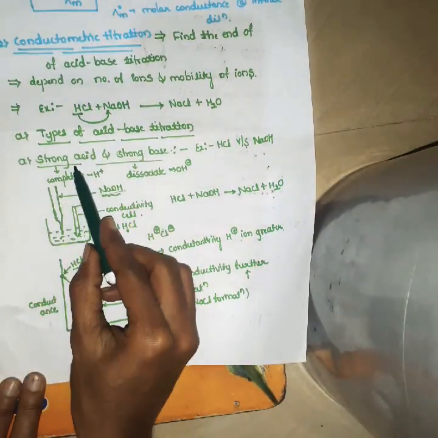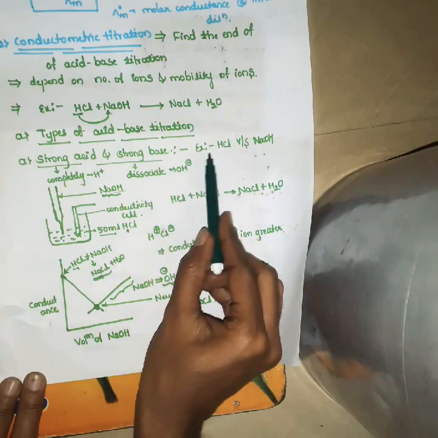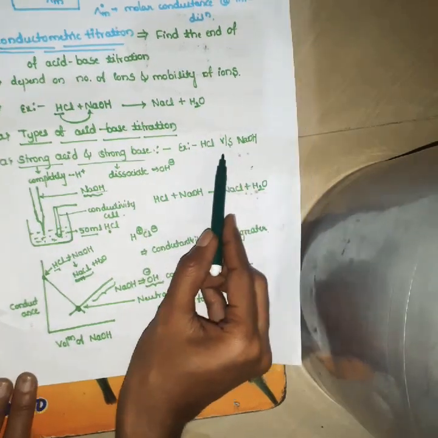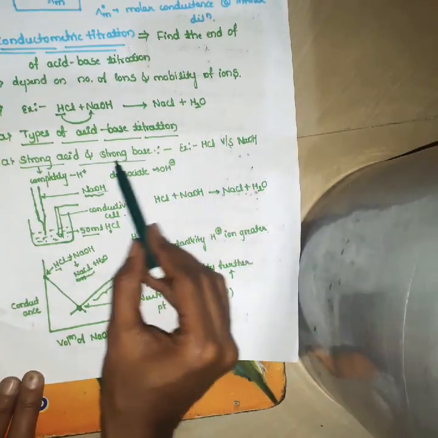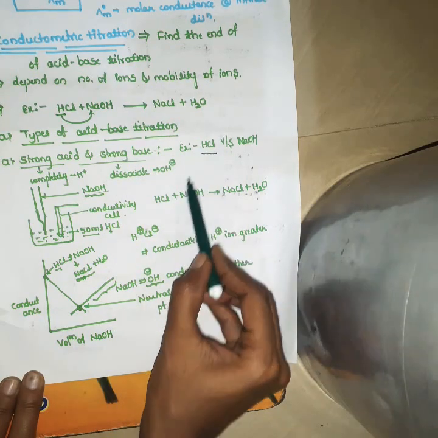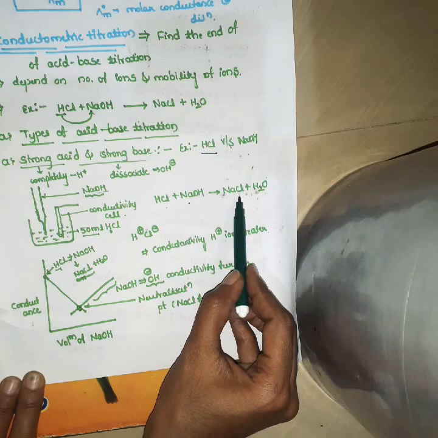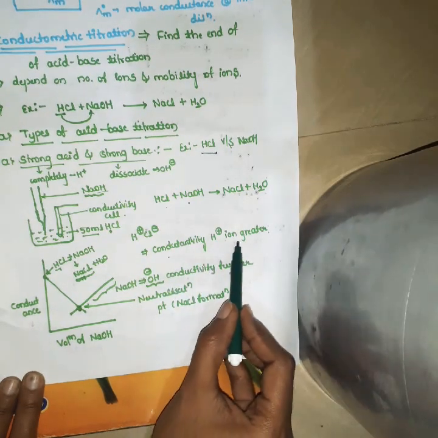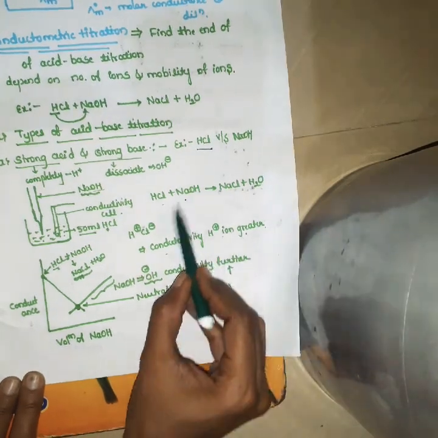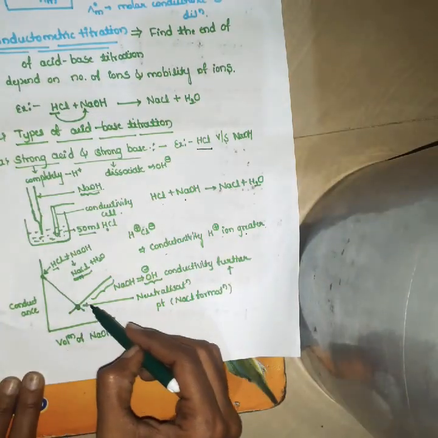Here we take strong acid HCl versus NaOH. HCl has a greater conductance. While adding NaOH, it forms NaCl salt, and since H plus has greater conductivity, after adding NaOH the conductance decreases.